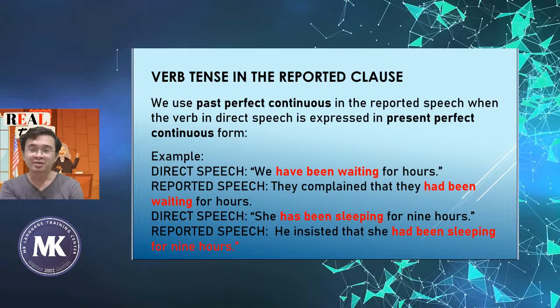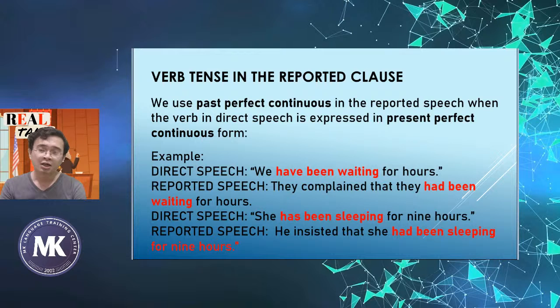So we can say, "We have been waiting for hours." This is expressed in direct speech. If you want to change this into reported speech, we can say, "They complained that they had been waiting for hours." From "have been waiting" it becomes "had been waiting." So from have, it becomes had in reported speech.